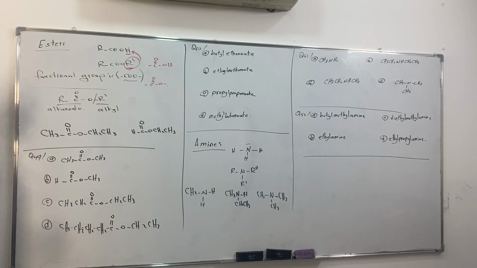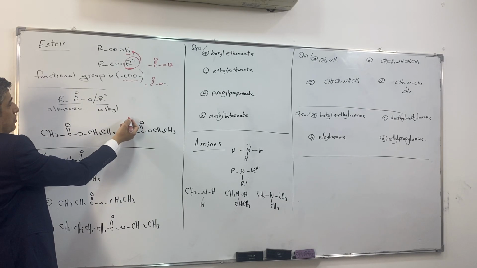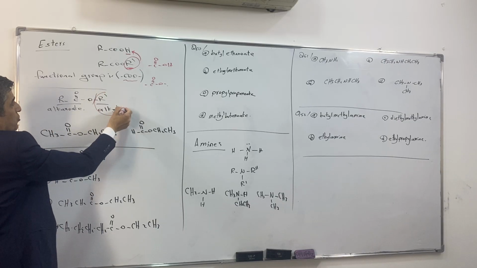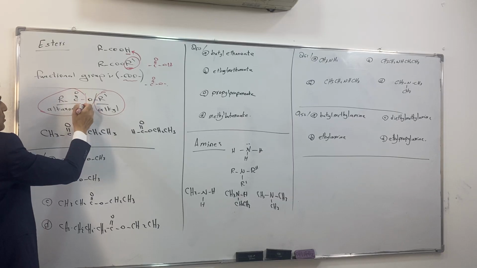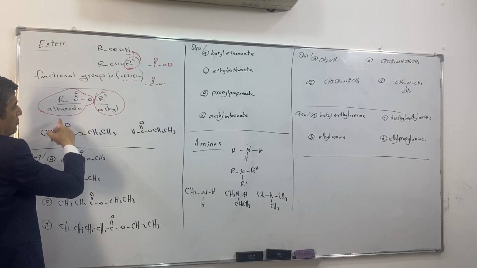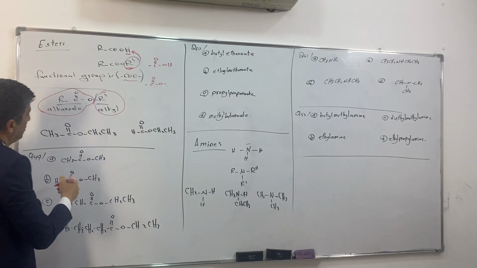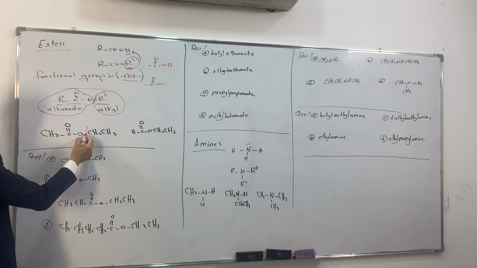When we name esters, we have two parts. On one side we have the alkyl group, and on the other side we have the alkane, changed to alkanoate, giving alkyl alkanoate. When naming this compound, we have two parts.